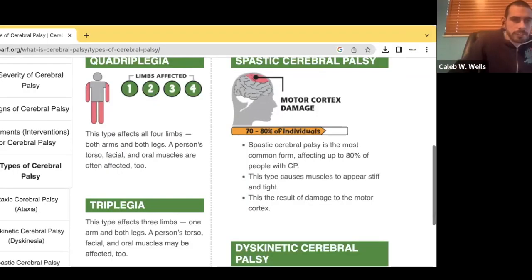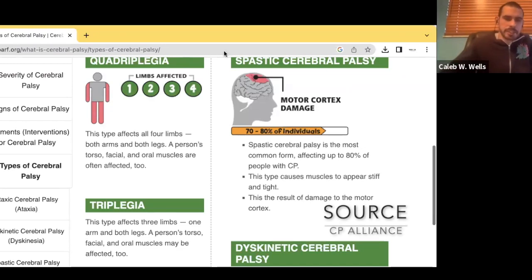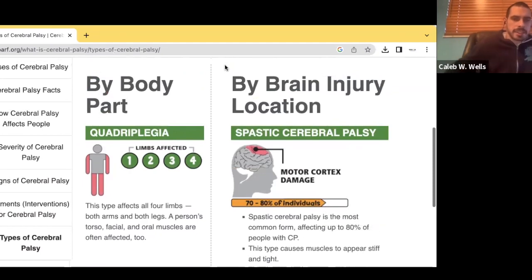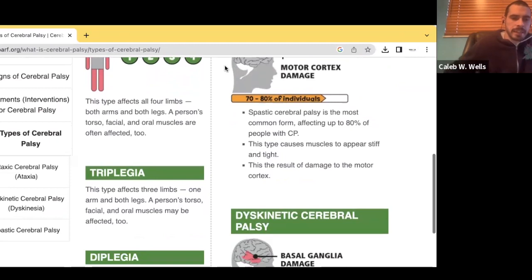And I'm going to pull up a screen here from CPARF, which is the Cerebral Palsy Alliance Research Foundation. So there are 4 different locations in the body that it can affect.